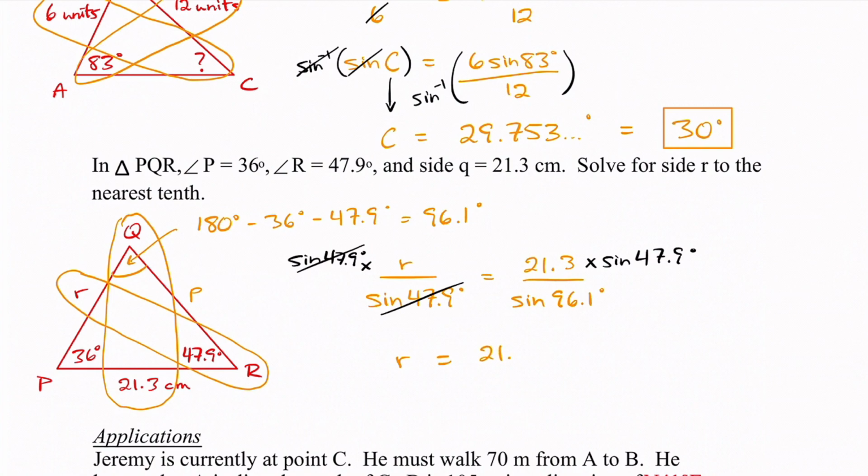So it's 21.3 times sine of 47.9, all being divided by sine of 96.1 degrees. Okay, and then we'll take that and put that into our calculator.